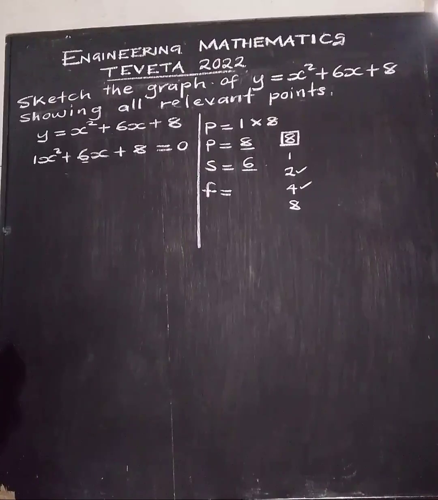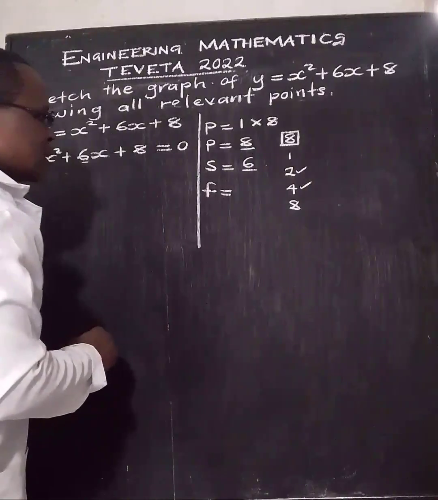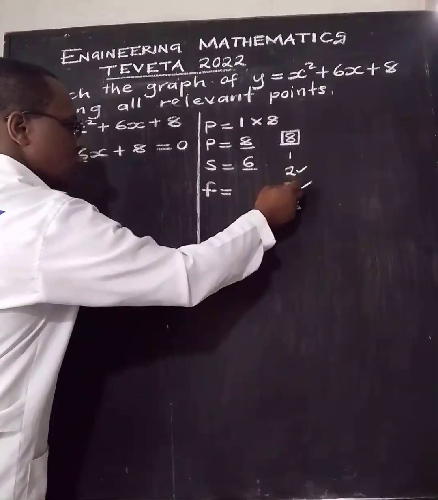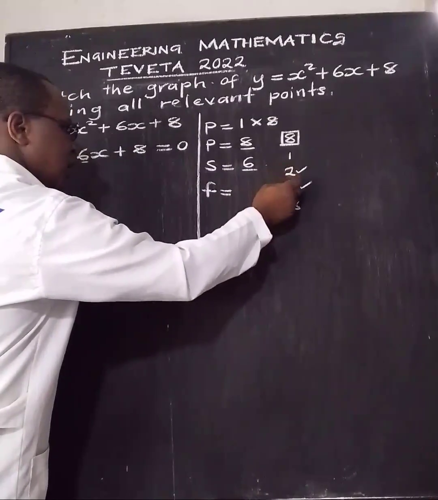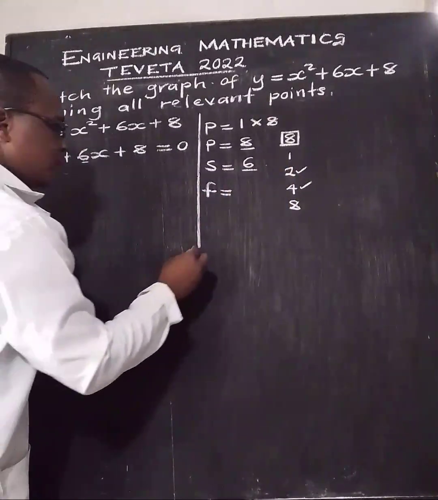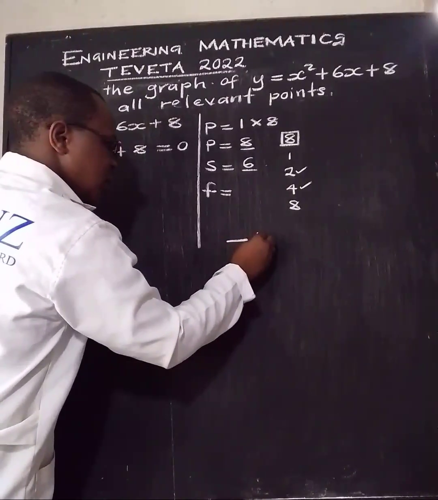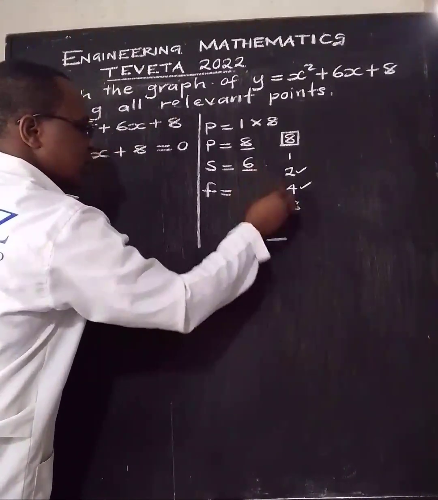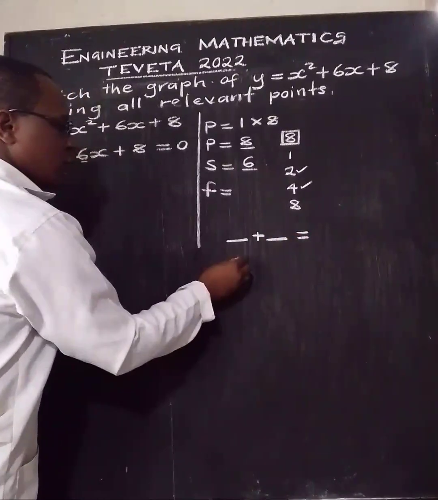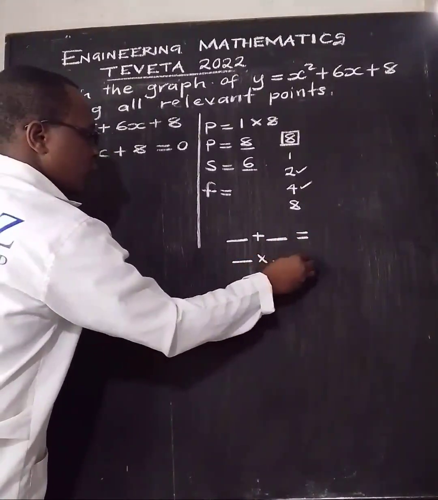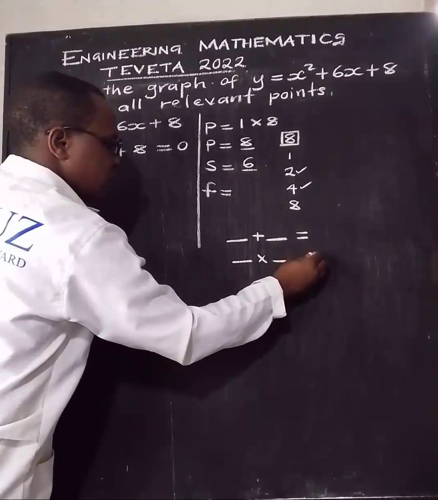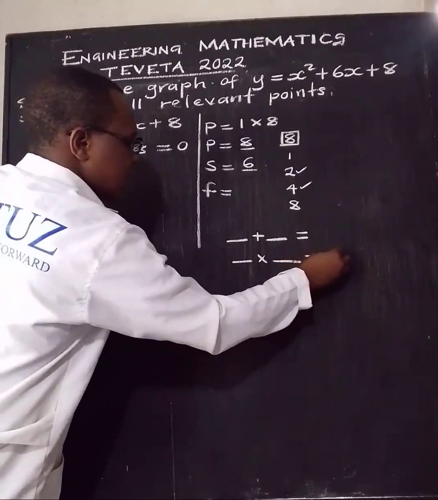Such that when you add these two, you obtain 6. Okay, when you multiply, you produce what? Positive 8.